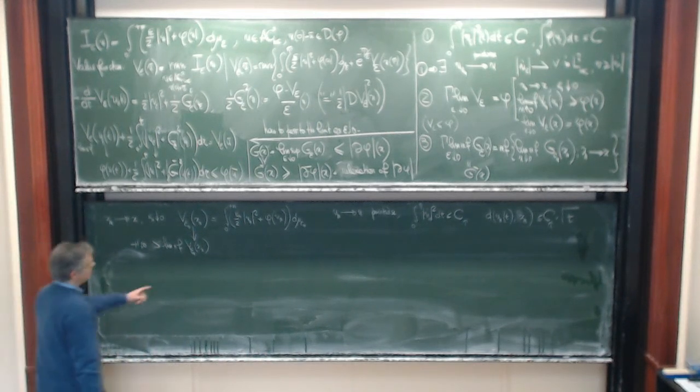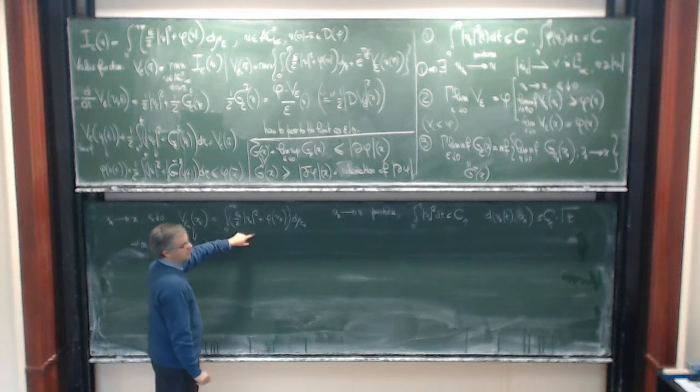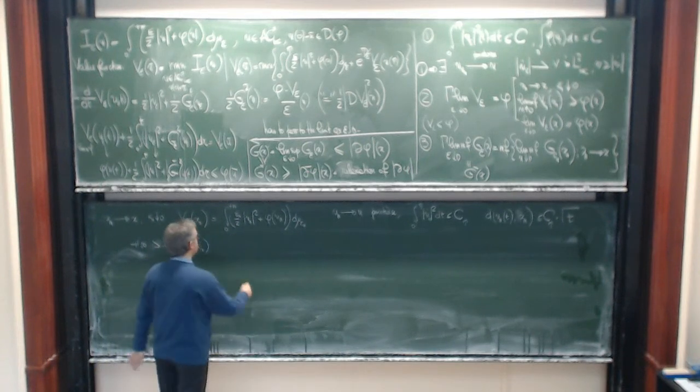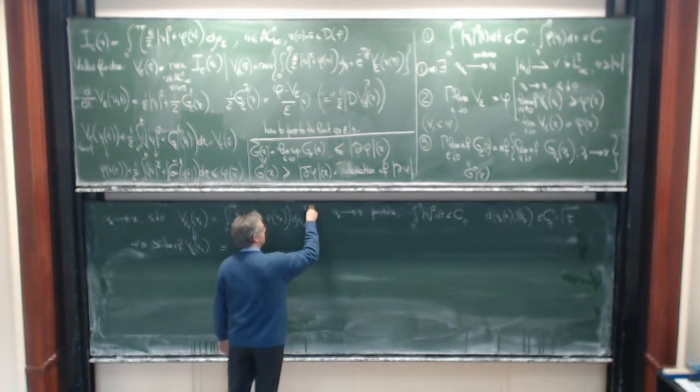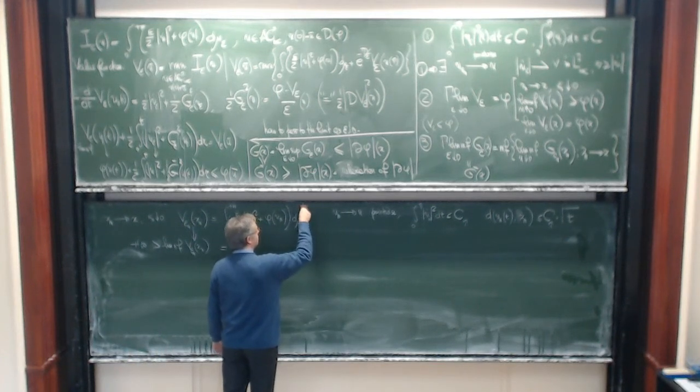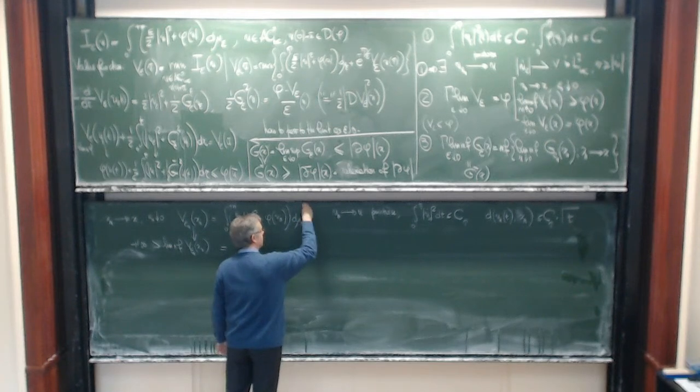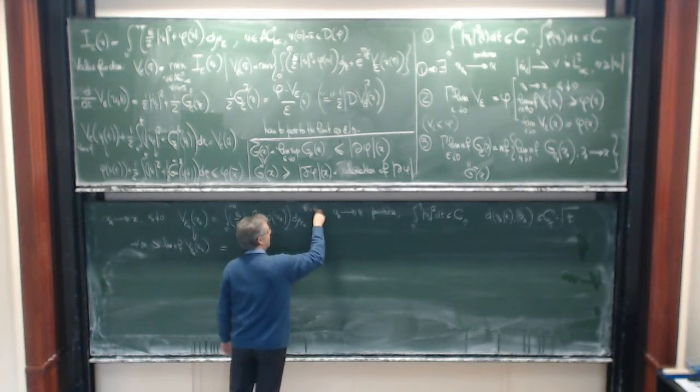Okay? Now the basic idea is to rescale this integrand, and rescale means that we put s equal to t over epsilon, so t is epsilon n s.